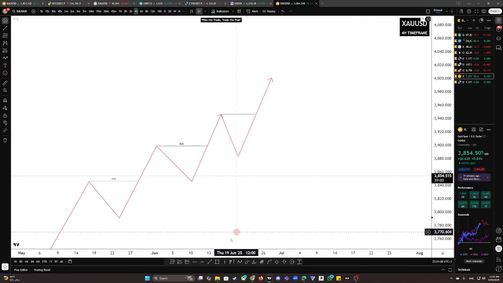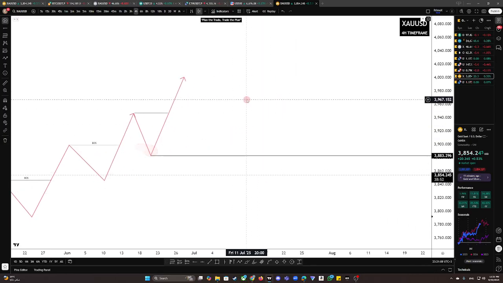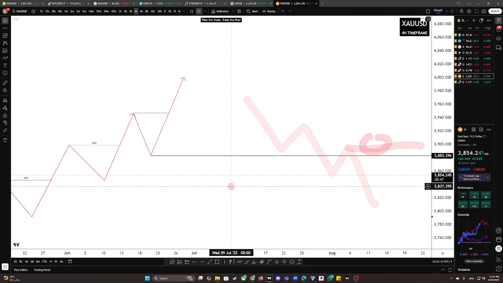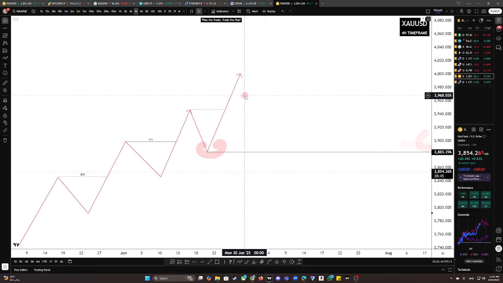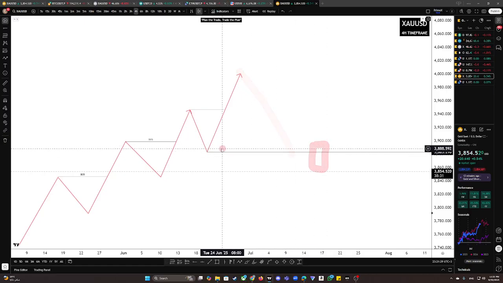Something I really like doing is taking a horizontal line and placing it on the strong lows or strong highs, of course. So if we are downtrending, that means that the highs are the strong ones, and I usually like to do that just to make sure that I know that this is a strong low. We should not be visiting this low, and even though we can visit it, we should not be closing with a body candle below this low.